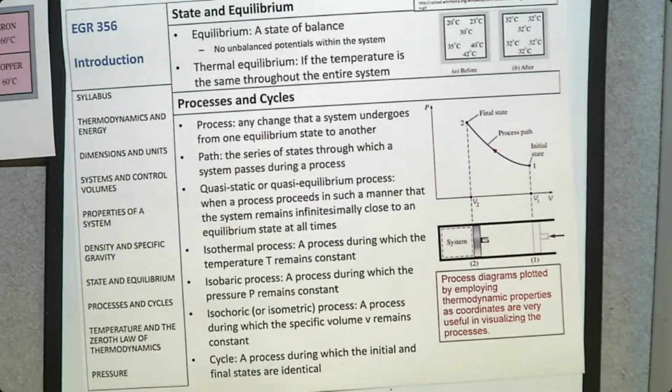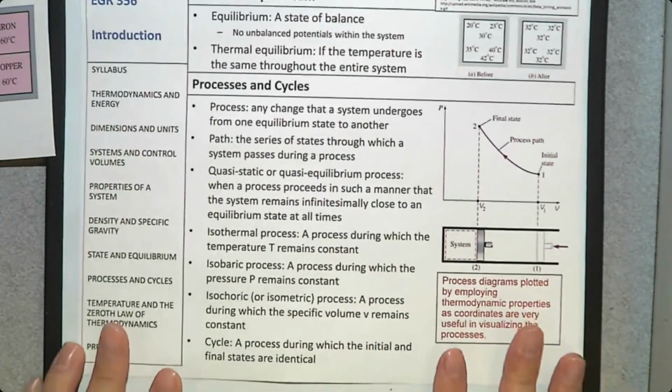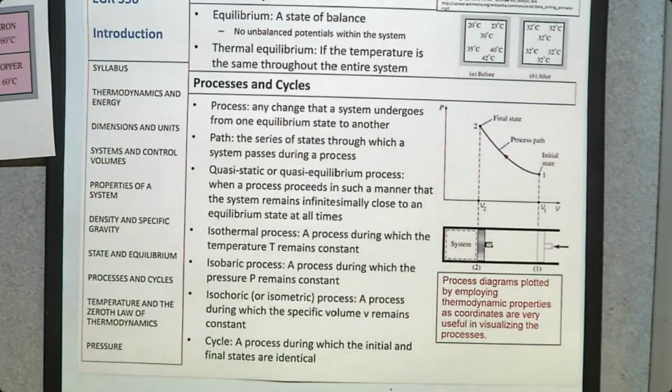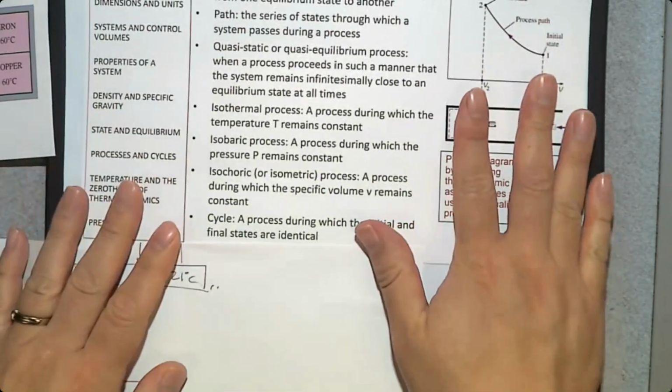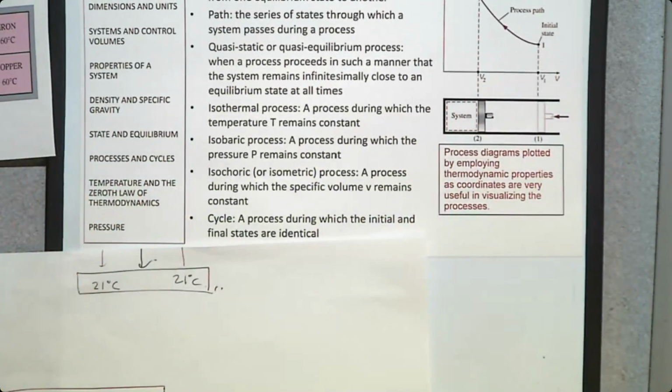And here, we are going to talk about some common processes. Earlier, I told you that there are four familiar properties in thermodynamics. They were pressure, temperature, volume, and mass.